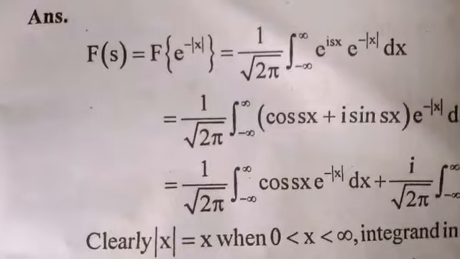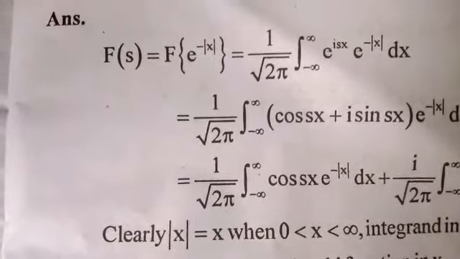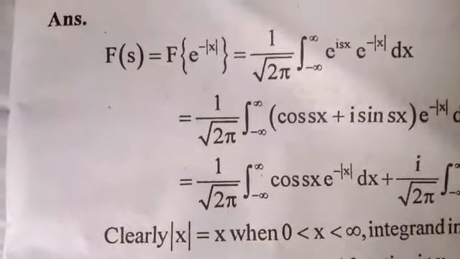Here, first, to find the Fourier transform of e to the power of minus absolute x, we convert it as a function of s, that is F(s) is equal to F of {e to the power of minus absolute x}.